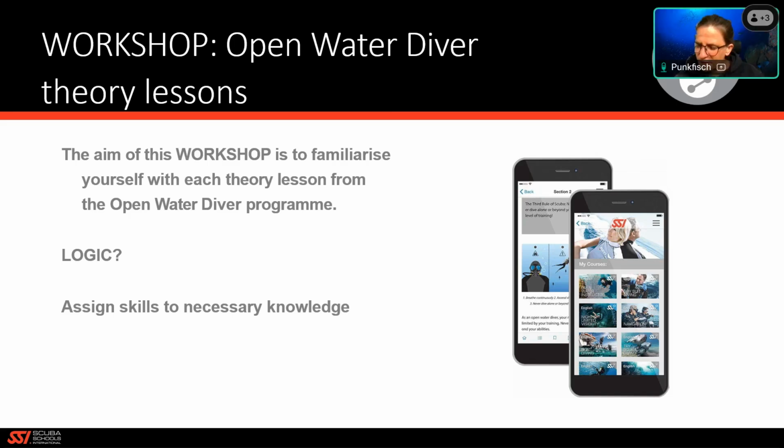The first is really simply communication, like the basic hand signs, and the scuba equipment is not even explained too much. It's a little bit of the snorkeling, only the snorkeling system, not the rest of the equipment.